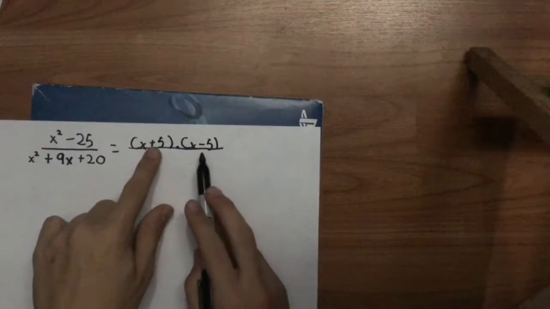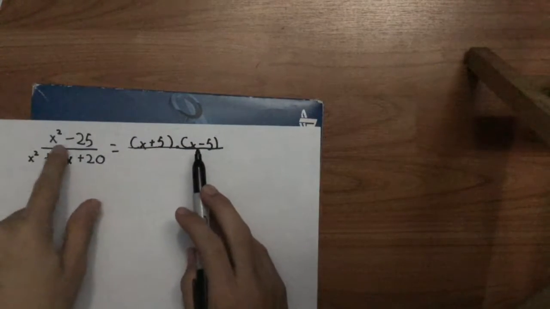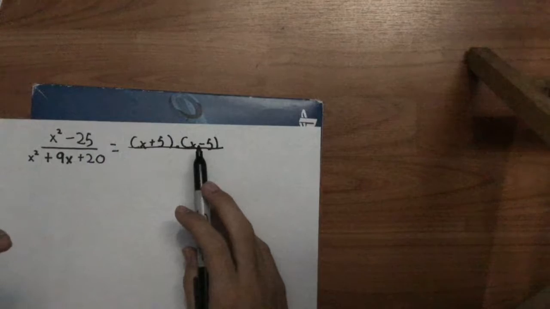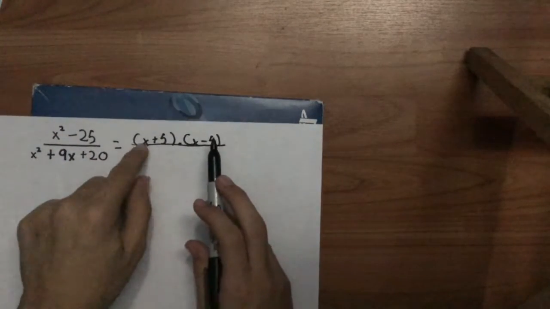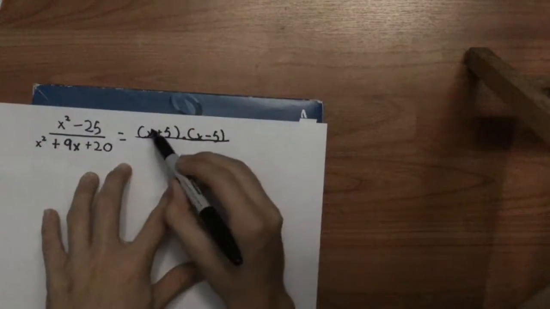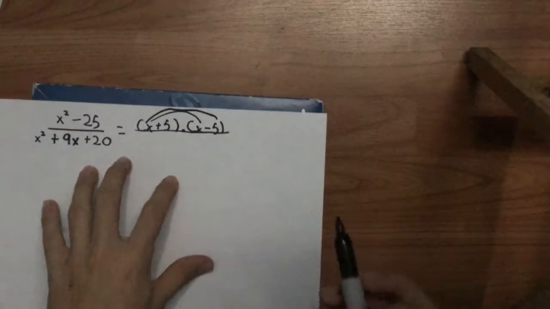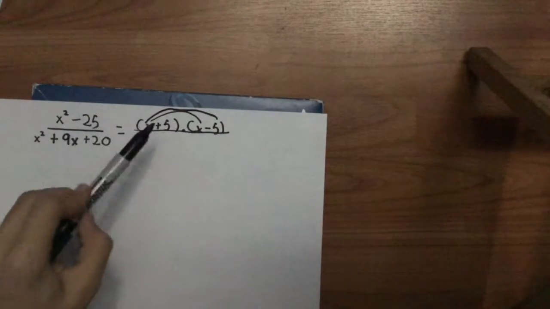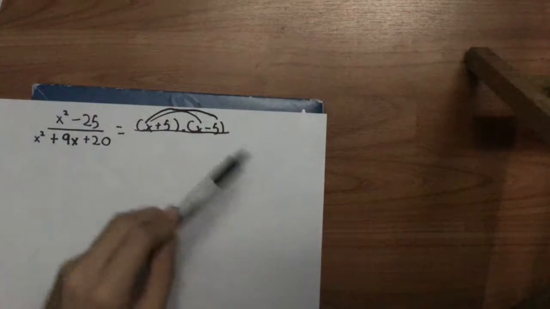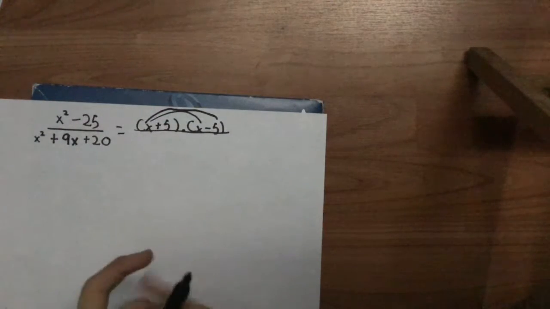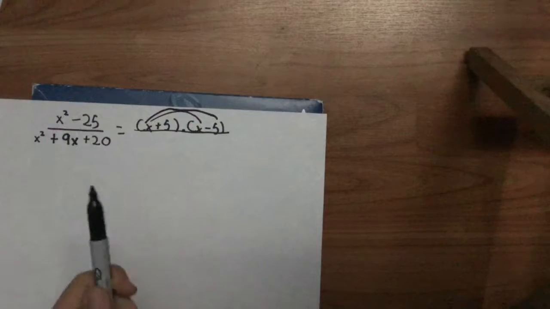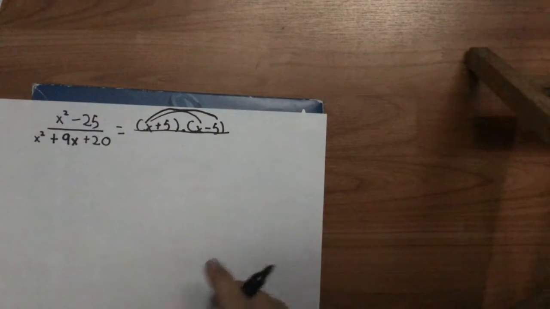Why am I changing the symbols? Because as you can see here, as I told before, you multiply this times this. Let me show you. This times this and this times this. So we multiply x times x and x times negative 5. But the symbols, I write it like that because there's a negative over here.